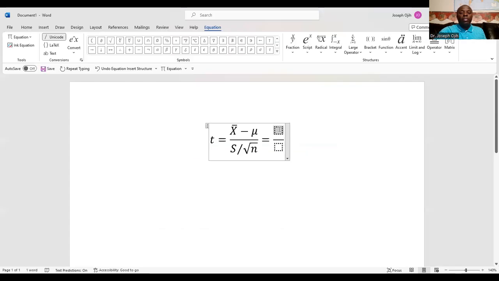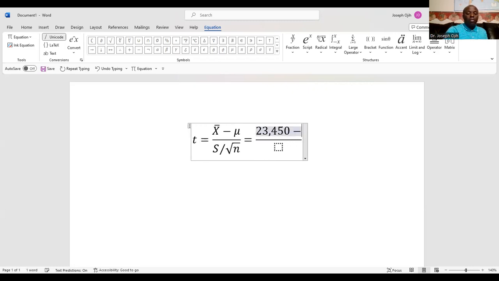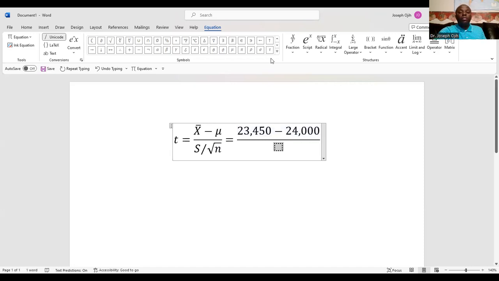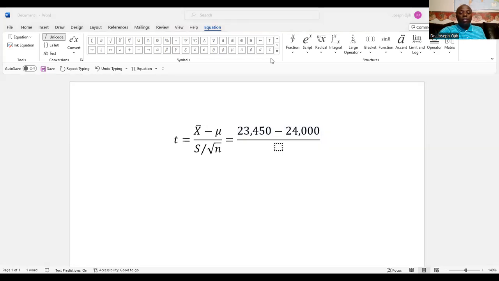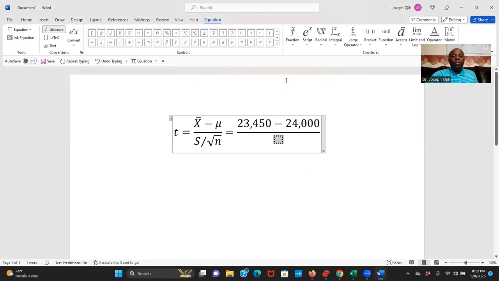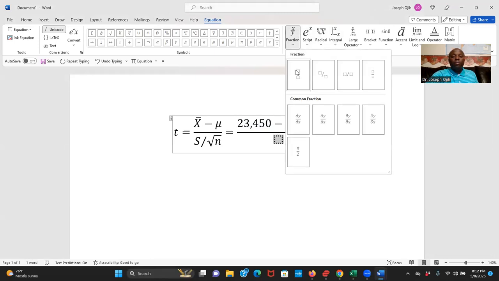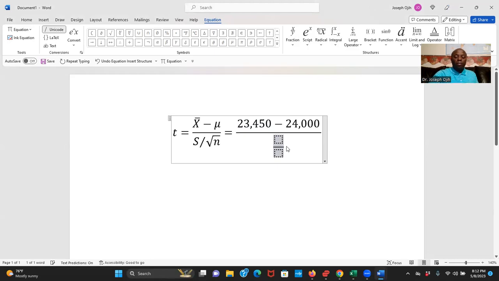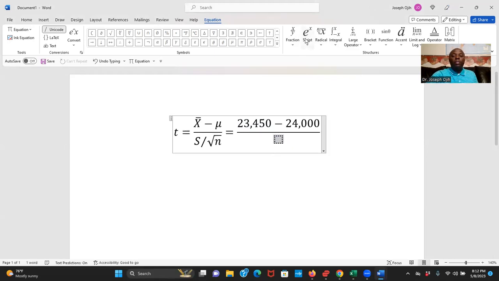So, okay, negative 4.35. I haven't even put the numbers in. Let me put it right here. I got 23,450 minus 24,000 divided by the standard deviation of 400 by the square root of 10.